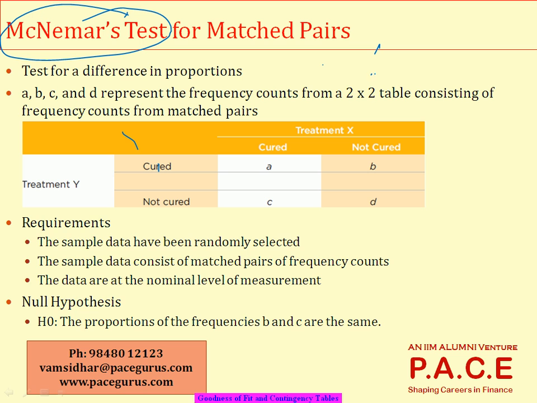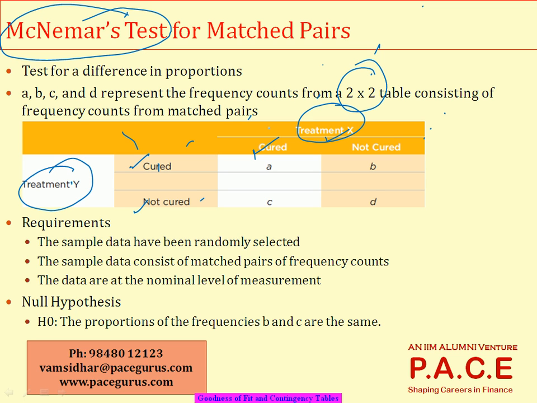The two things that are adjusted there are, it should be a 2 by 2 table only, like this: cured, not cured, cured, not cured. So there are two variables, and both these variables have only two outcomes. Both are dichotomous variables.